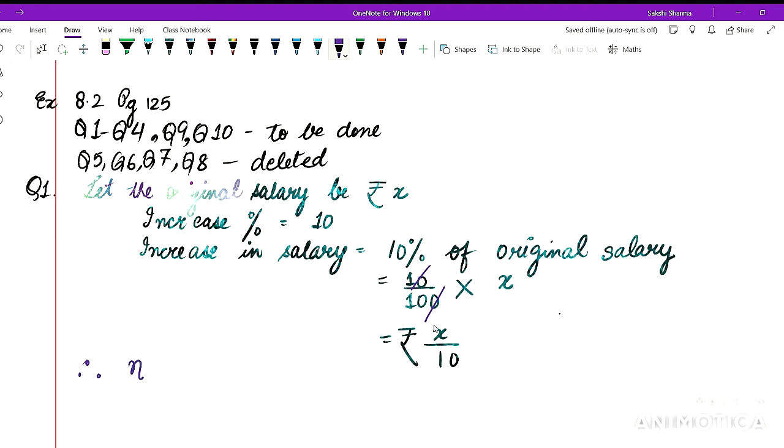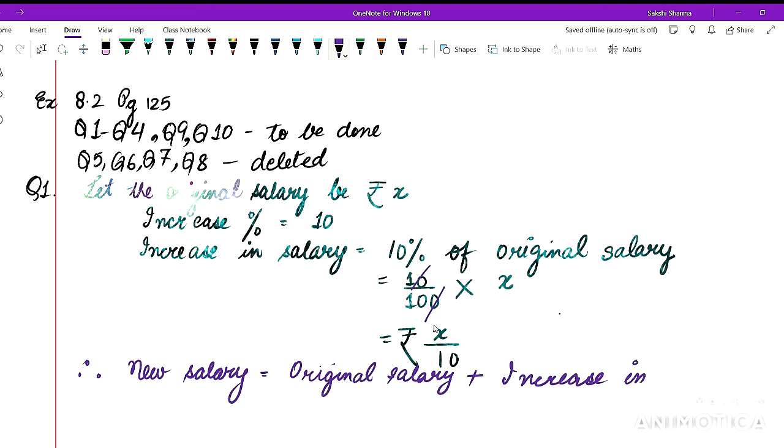Therefore, new salary will be equal to the sum of original salary and increase in salary. The original salary was assumed as X. Increase has been calculated as 10 by X, and note down that both the values are in rupees.